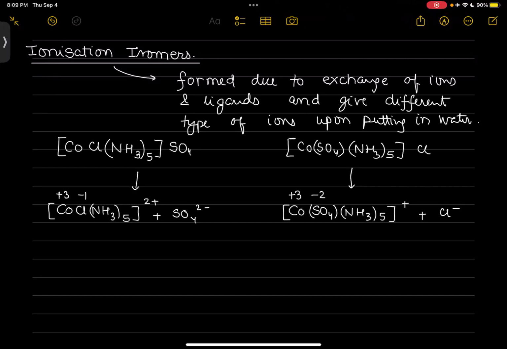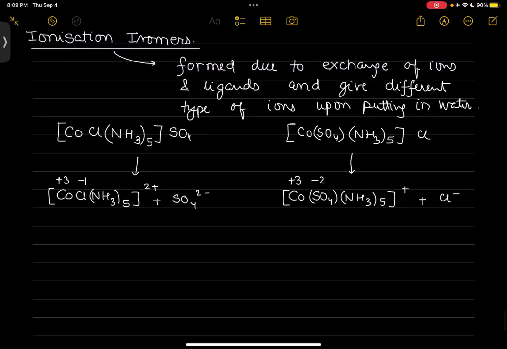So these two are ionization isomers. Why are they called ionization isomers? Because you can see very well that when you put them in water, they will give different ions. Is it clear or not? Yes, sir. So the left one is going to give you sulfate and the right one is going to give you chloride.